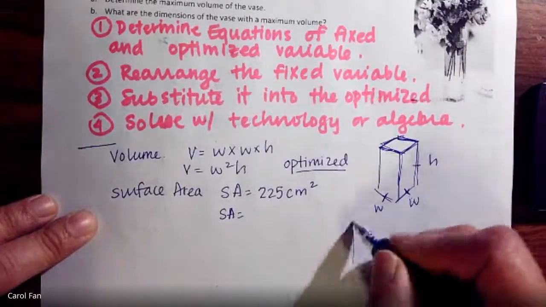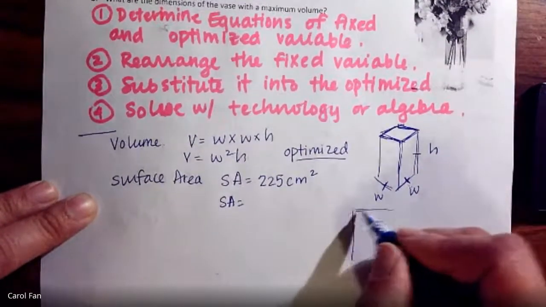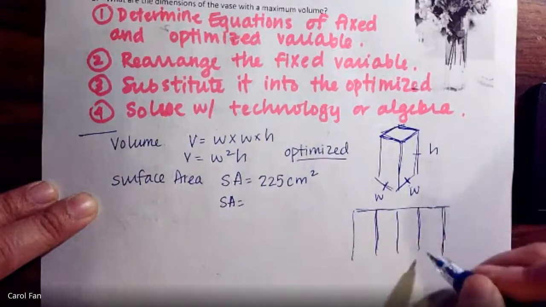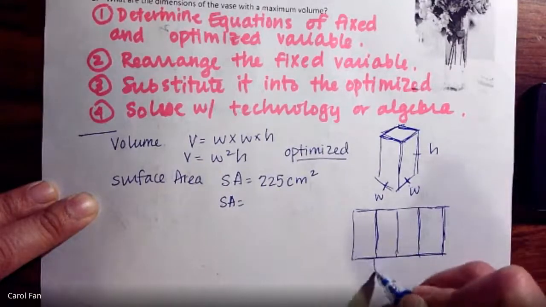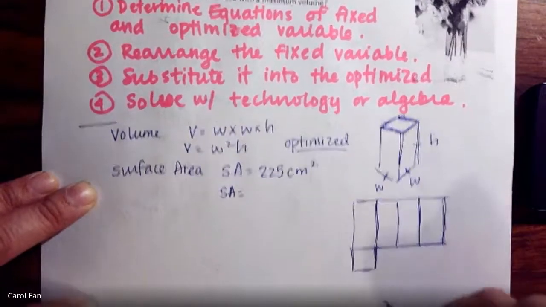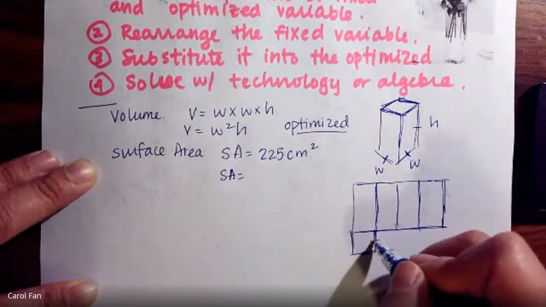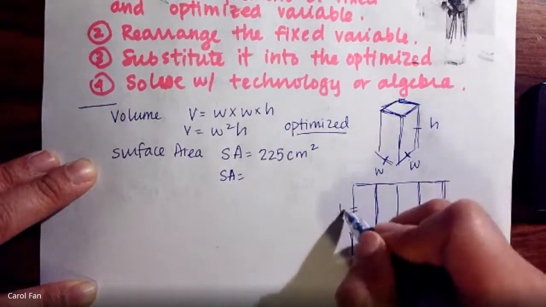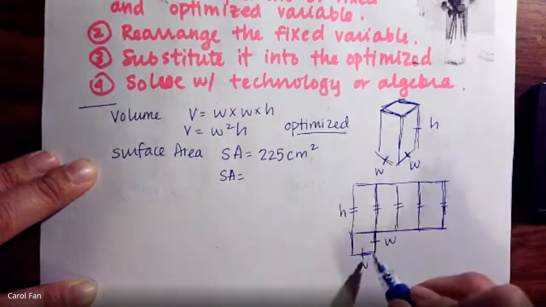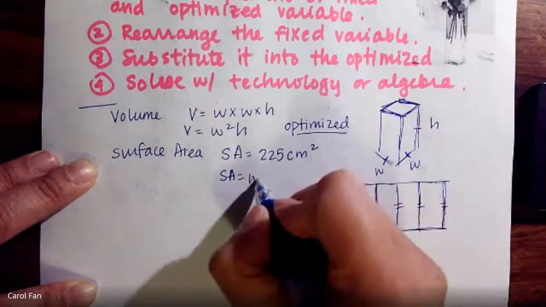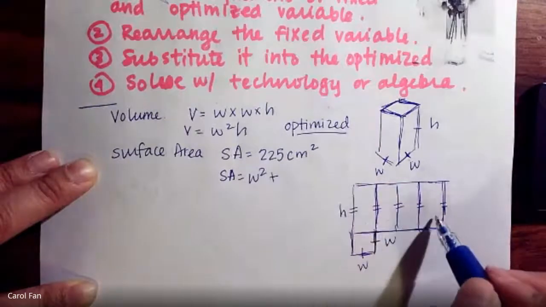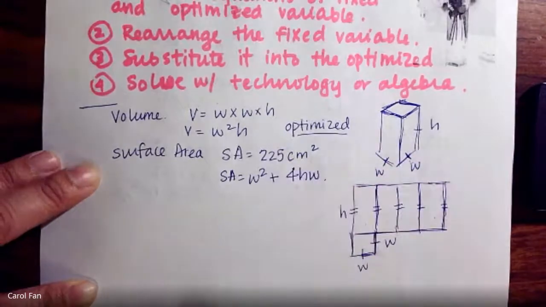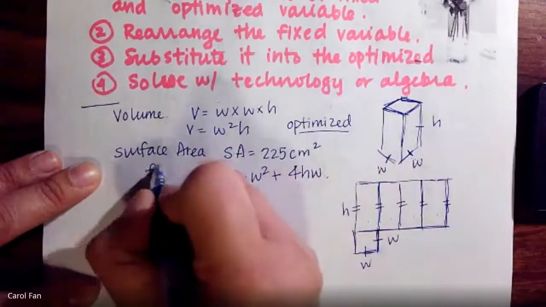So if I were to open it up, I would have my 4 sides and 1 bottom because the top is open. So I have here 1 square, that's W squared, and I have 1, 2, 3, 4 rectangles that are H times W. This value is our fixed one.